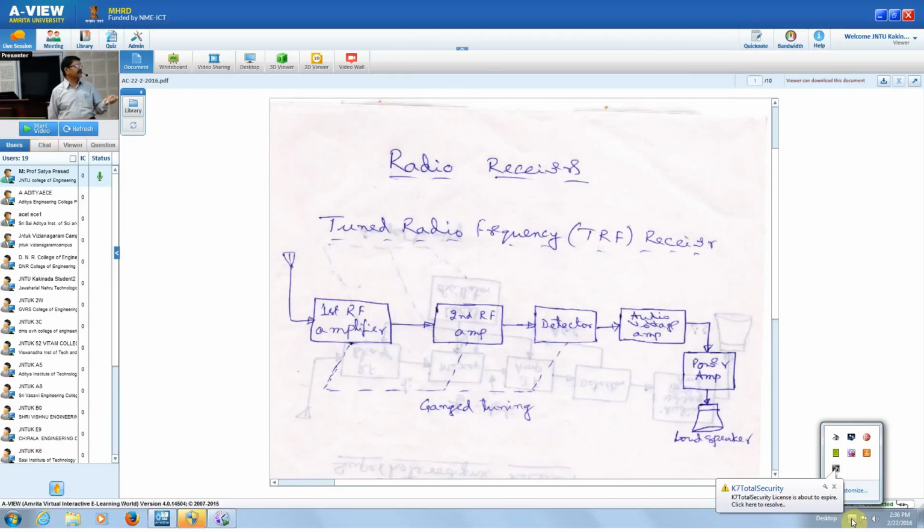Now, if the transmitter signal is one megahertz, and we tune this circuit to this 2 megahertz signal, the variation of the capacitance is going to be required.